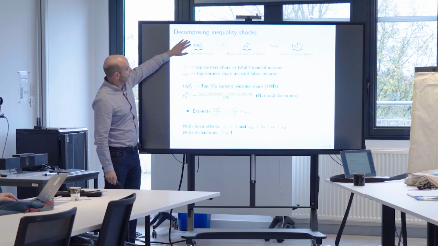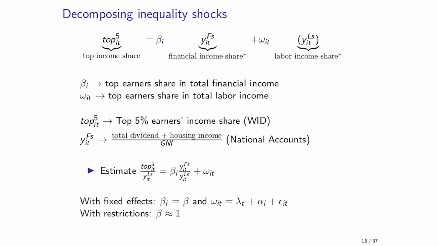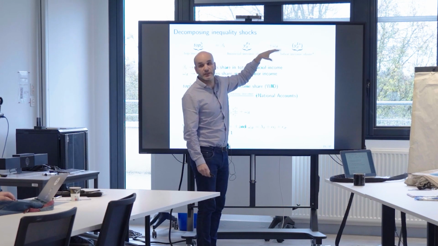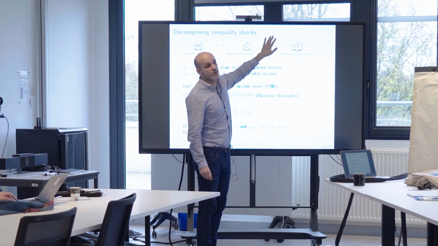We say, so the top income share, this is the equation I had before. And we're going to try to estimate the beta and the omega, but we add some restrictions. So essentially our strategy is that we're going to try to get a relatively close estimate of the omega, so the labor income shock, and try to clean it for changes in financial income.